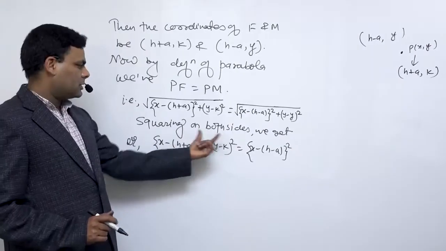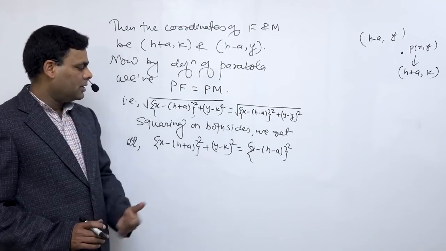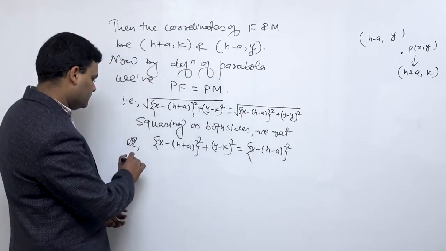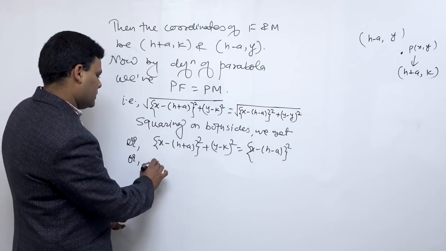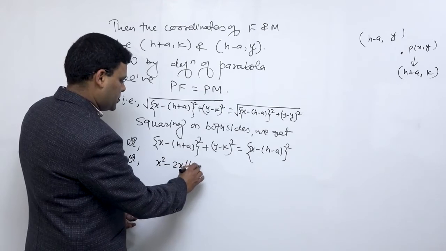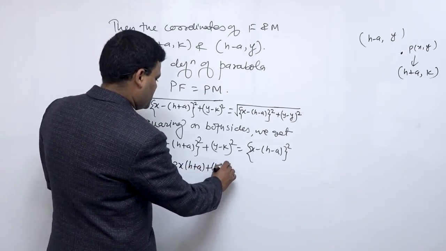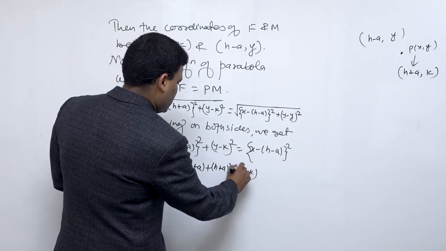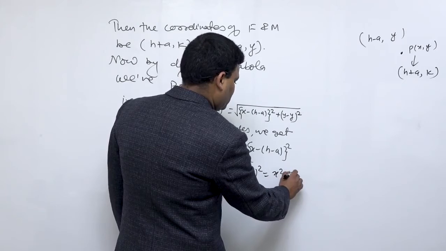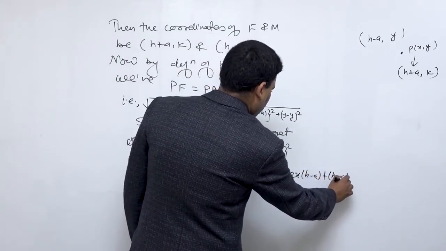Expanding, x square minus 2x into (h plus a) plus (h plus a) whole square plus (y minus k) whole square equals x square minus 2x into (h minus a) plus (h minus a) whole square.